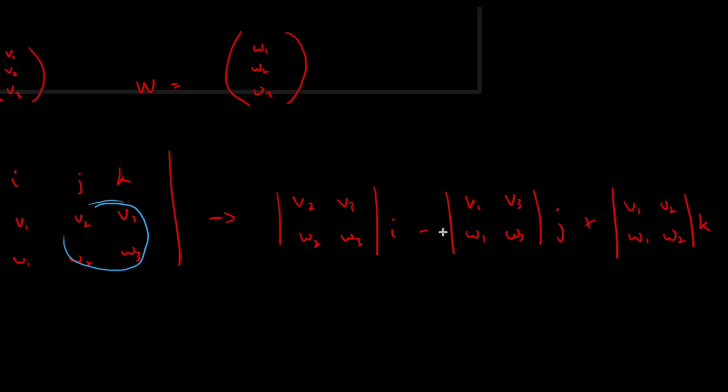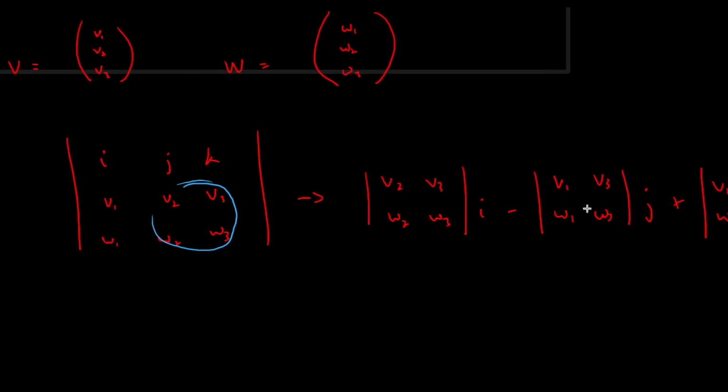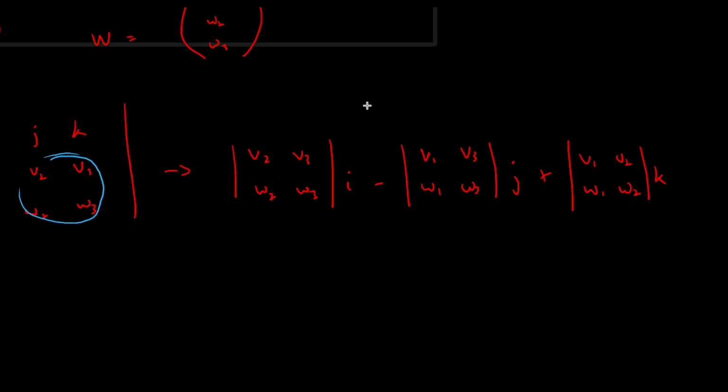And remember, i, j, k, these are just unit vectors. So this is collinear to the x-axis, collinear to the y-axis, collinear to the z-axis. So this is the cross product of v and w.